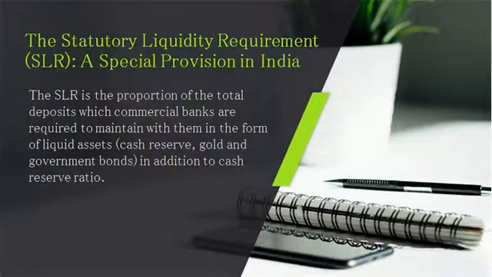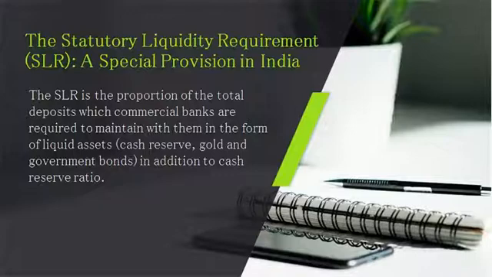Going with the next one, which is the statutory liquidity ratio or requirement, SLR. This is a proportion of the total deposits which commercial banks are required to maintain with them in the form of liquid assets: cash reserve, gold or government bonds. The commercial banks will be told to invest a certain amount which they have received through deposits in government securities or in gold, or keep it as a cash reserve with themselves.